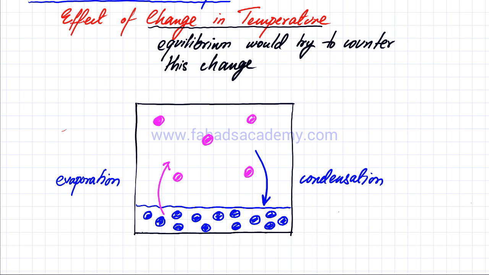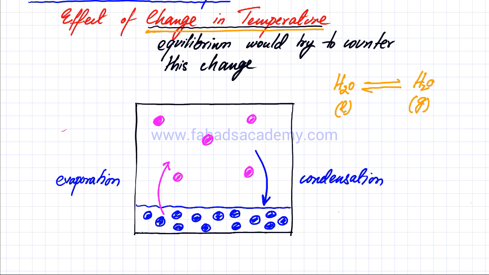Let me write down the reaction in its notation: H2O liquid is forming steam, which is H2O gas, and I'll use a double arrow to indicate that this is a reversible reaction. Now, there's one important thing you need to know whenever you're trying to change temperature.